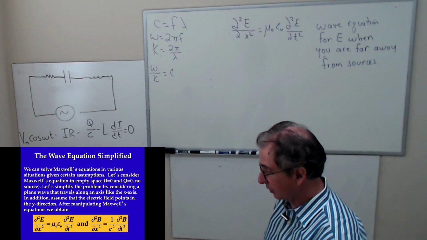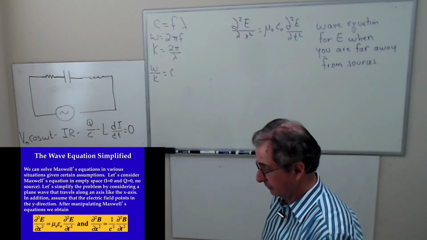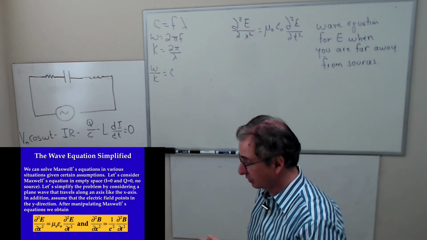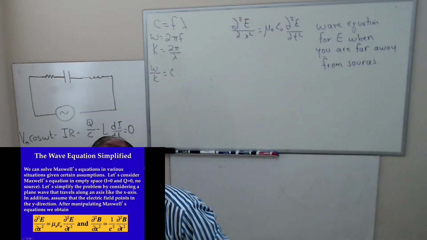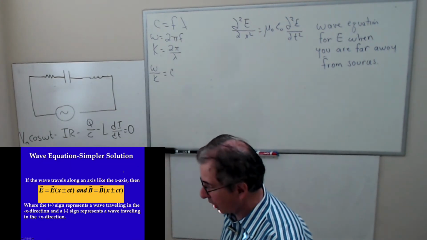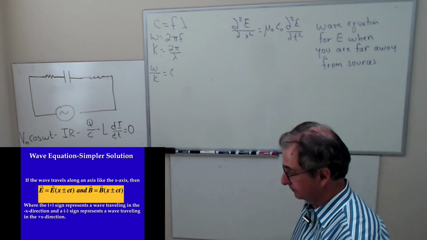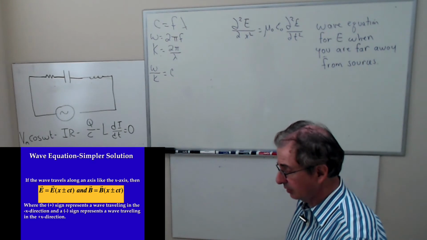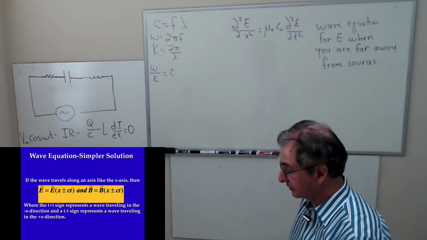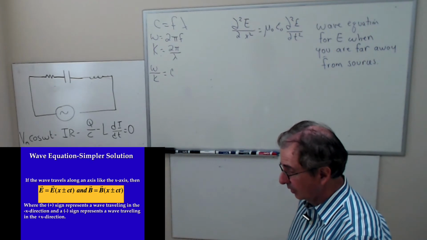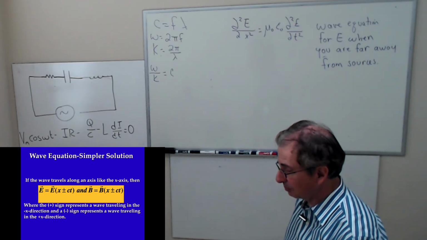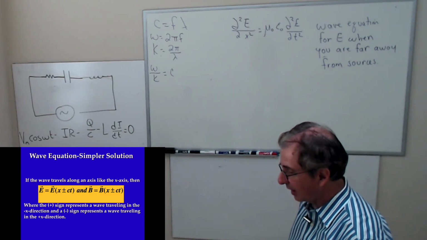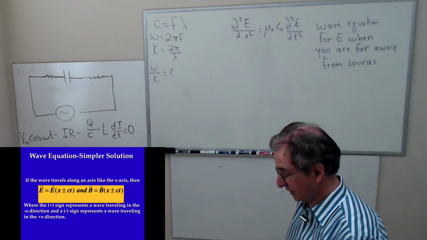And one of the solutions are plane waves. The general solution of these equations has that form, where the electric field is some function of position and the product of c times t, where the plus sign represents the wave traveling in the minus x direction, and the minus sign represents the wave traveling in the plus x direction.